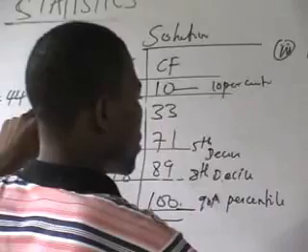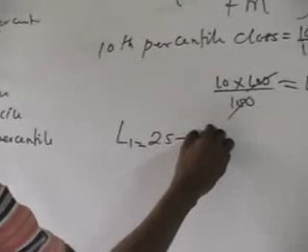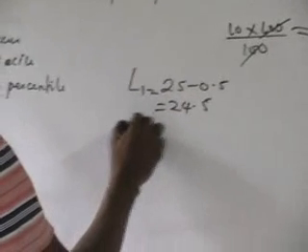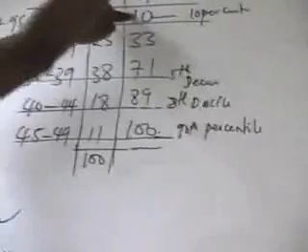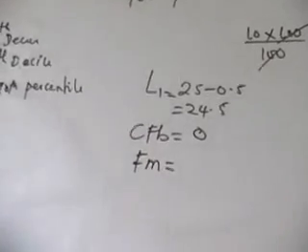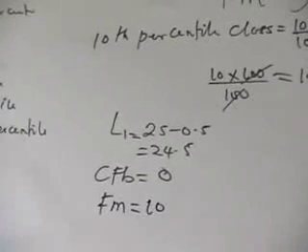Now, what's our L1? Our L1 is 25 minus 0.5, which is equal to 24.5. Then next is CFB. The cumulative frequency before this class, there is none, so we call it 0. Then our Fn is 10.